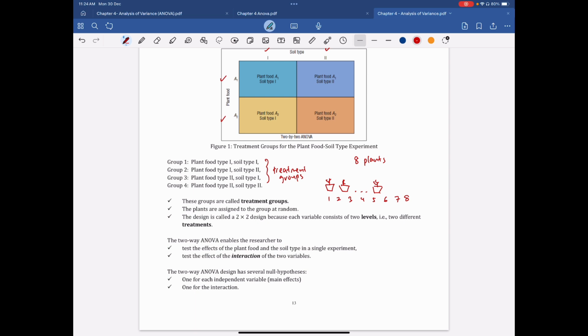Then I create a randomized sequence of numbers.